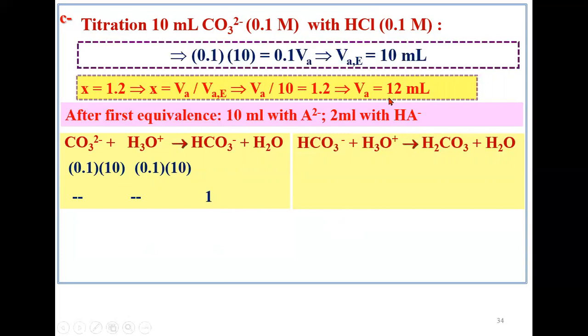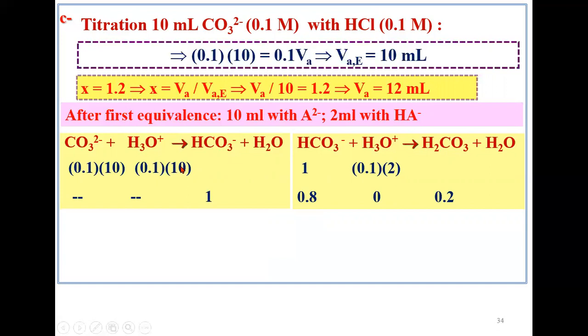Or remember, 12 minus V at equivalence, you're left with 2. So 2 is going to react in the second equation, which is hydrogen carbonate plus the added acid H3O plus becoming H2 carbonate. So here, you only have 2 milliliters reacting.